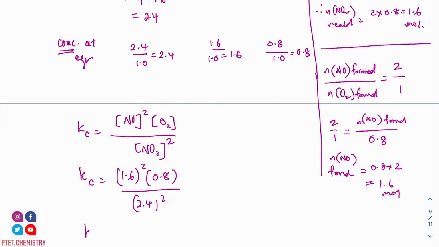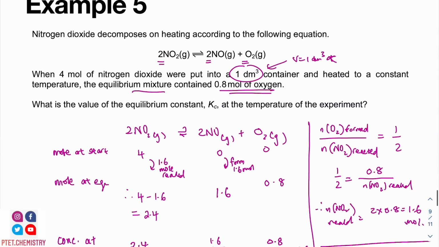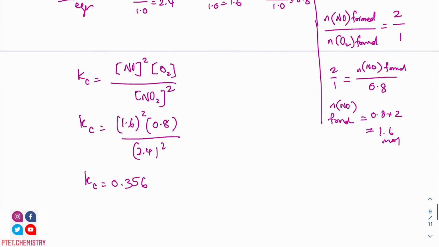That gave me 0.356. I guess the most this data gives me is really just 1 decimal place or 1 significant figure. By right, I should really probably just round it to 1 decimal place or 1 significant figure.